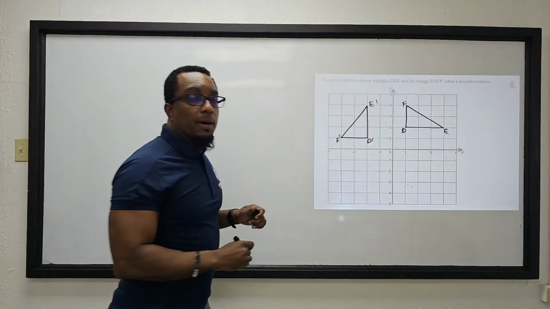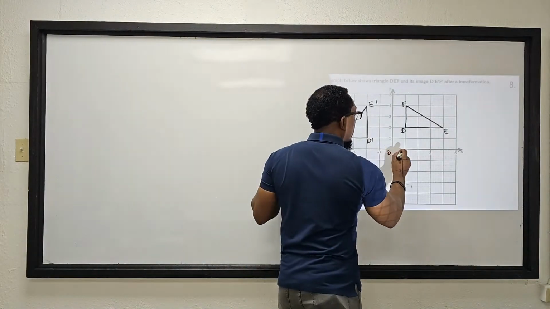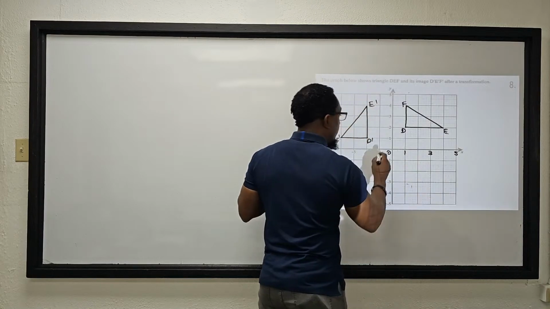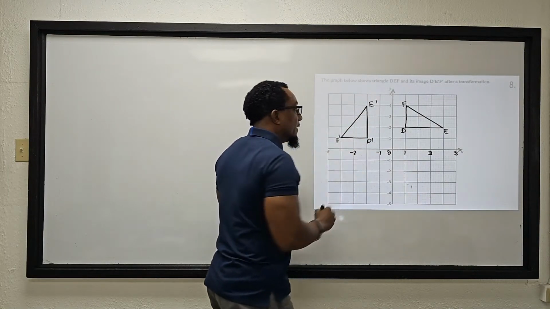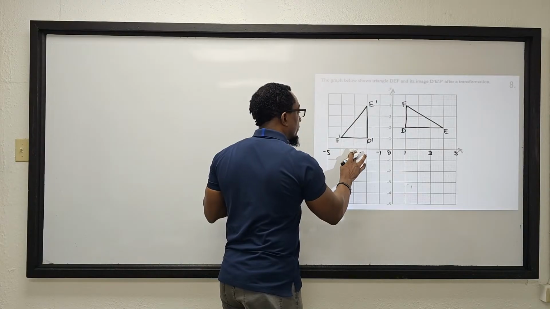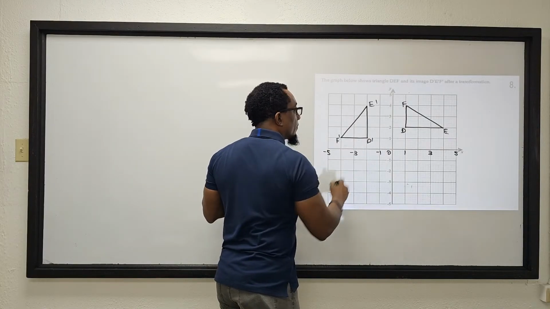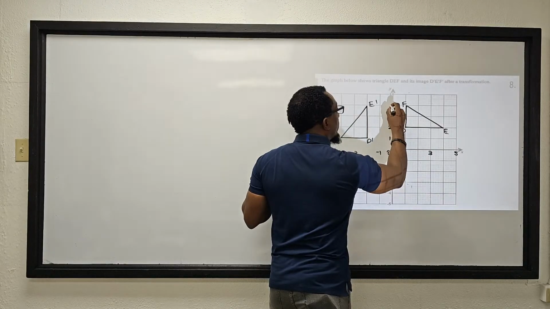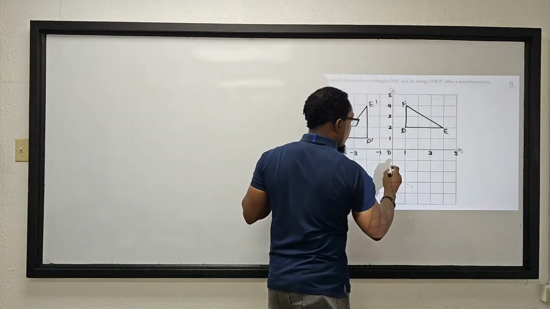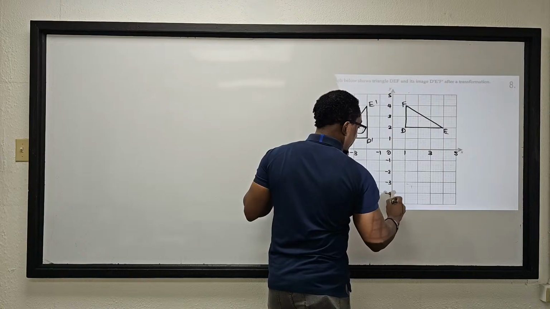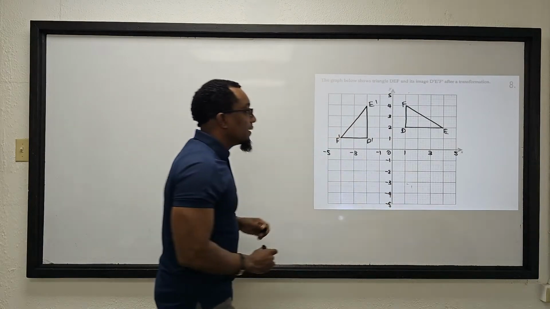Of course, we have our axes. This is the origin, 0, 1, this is 3, that is 5, -1, -3, -5. And on the y-axis, we have 1, 2, 3, 4, 5, -1, -2, -3, -4, -5.